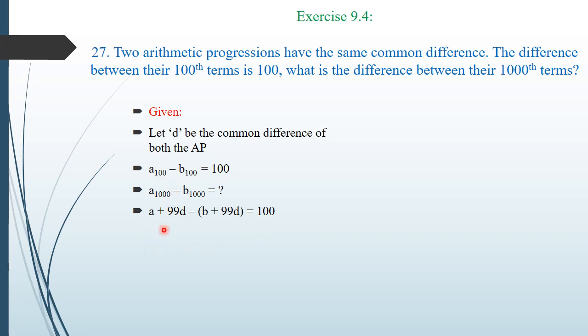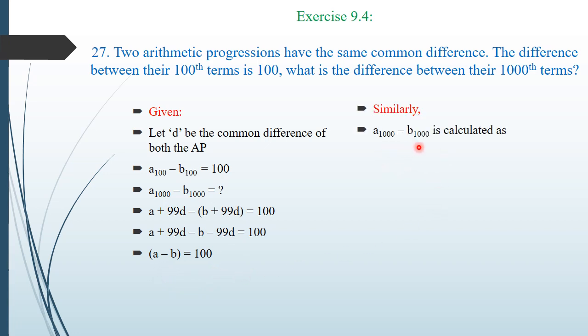A100 I can write as A plus 99D, minus B100 I can write as B plus 99D. If I simplify this, A plus 99D minus B minus 99D is equal to 100, where plus 99D minus 99D get cancelled. Therefore it will be A minus B is equal to 100. Similarly, A1000 minus B1000 is calculated as A plus 999D minus B plus 999D.